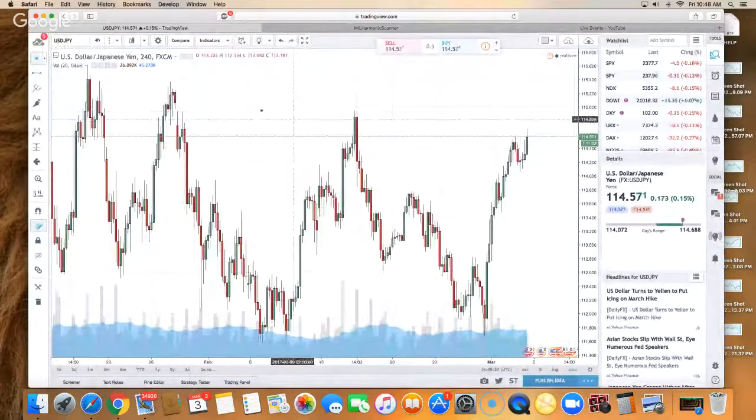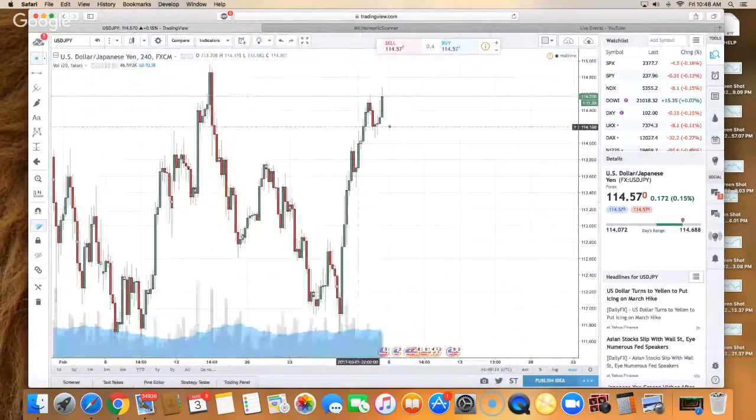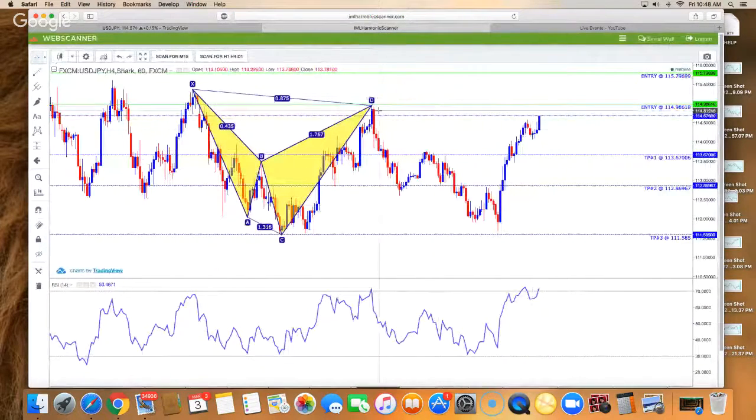We saw this zone where price was respecting. Now what are we going to look for? We're going to look for sellers to come in the market and sell this strong, as the harmonic scanner is telling us that it's probably going to happen. I'm pretty sure it is, because of the zones that it has been respecting. So up here, you can put your entry right here.